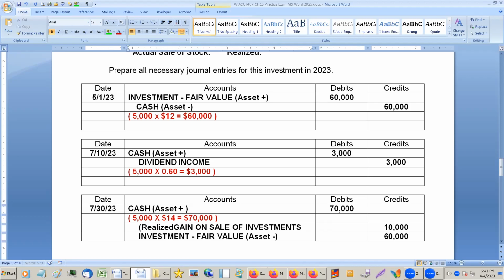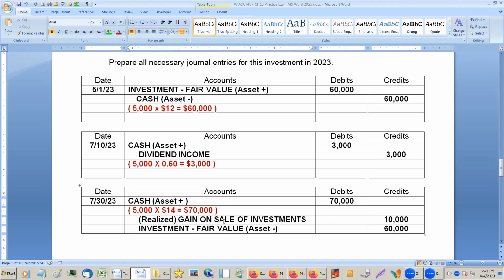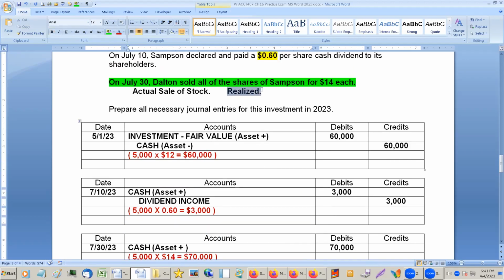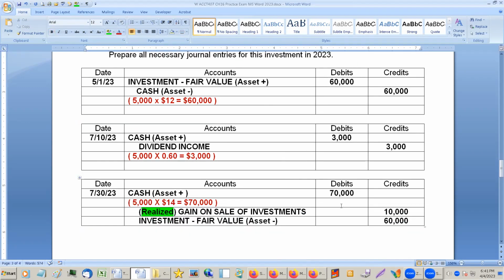You don't have to put this in, it's just to distinguish it from the unrealized gain, since this has actually been sold. The thing has been sold, and what they would say is that the entire cycle of the asset has been completed. So gain on sale of investment. Probably should put that. Okay.